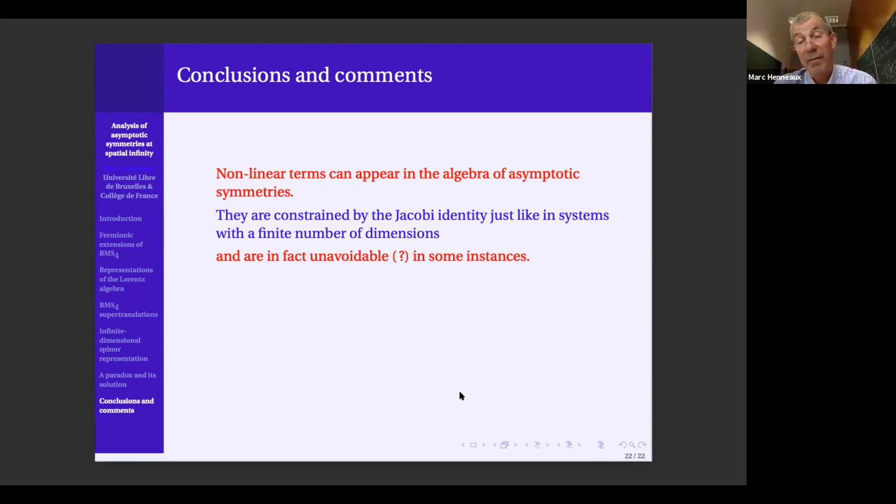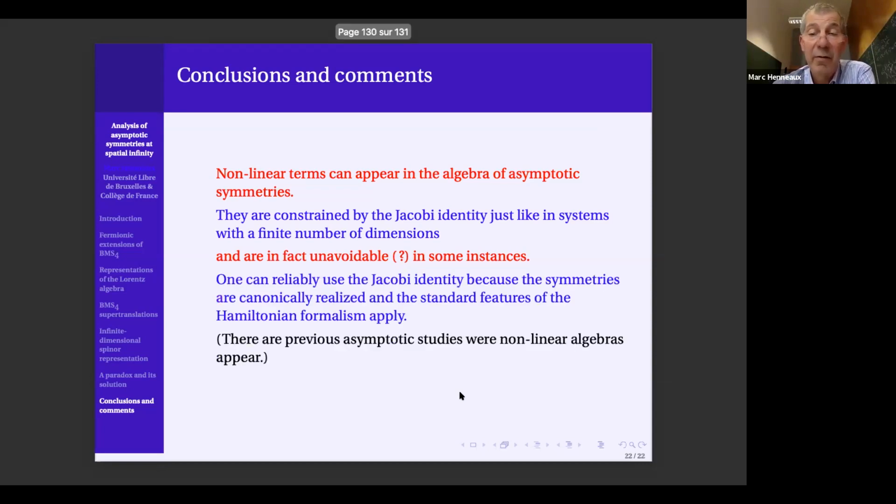So this is not the first instance where we have nonlinear terms. Here we have not studied whether they were removable by redefinitions, but we know that if we want simple anticommutators for the supersymmetry transformation, then we need the quadratic terms in the bracket. And so with this, I will thank you.